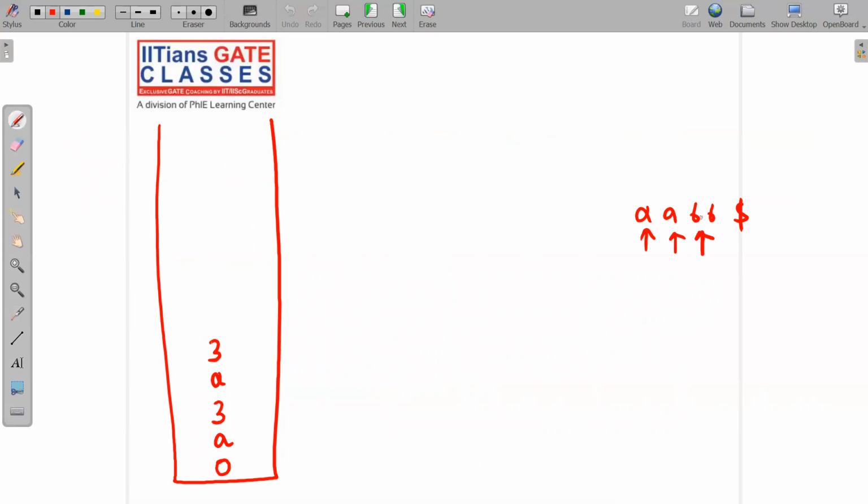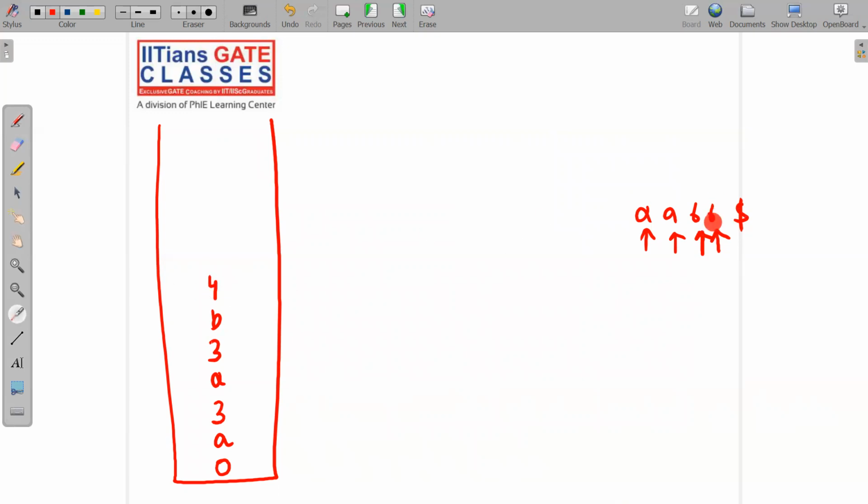S4 means this b will be pushed onto the stack and 4 will also be pushed onto the stack because it was the state number. So b and 4 both will be pushed onto the stack. Since it was a shift move, we will put the look ahead pointer one position to the right. Now we are reading this small b.